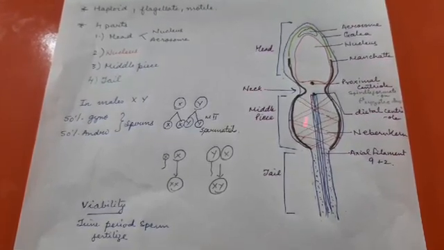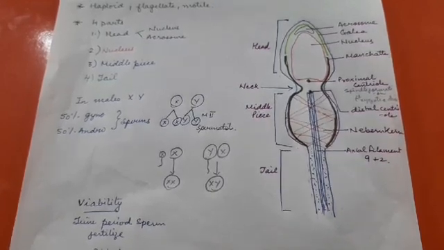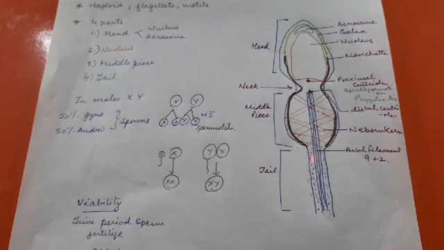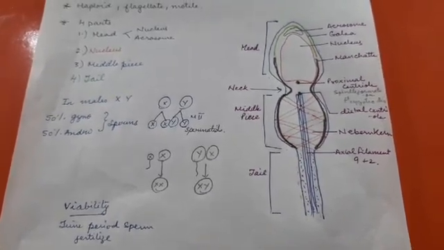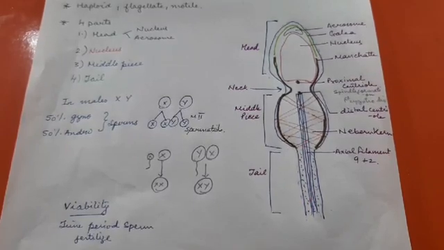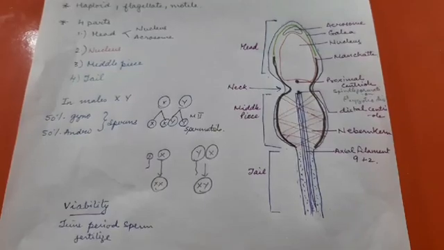In this middle part, the third part, the middle piece, here only we are talking about the microtubule division, and then after this there is a long tail. So this is how they are. There are 4 parts in the sperm.